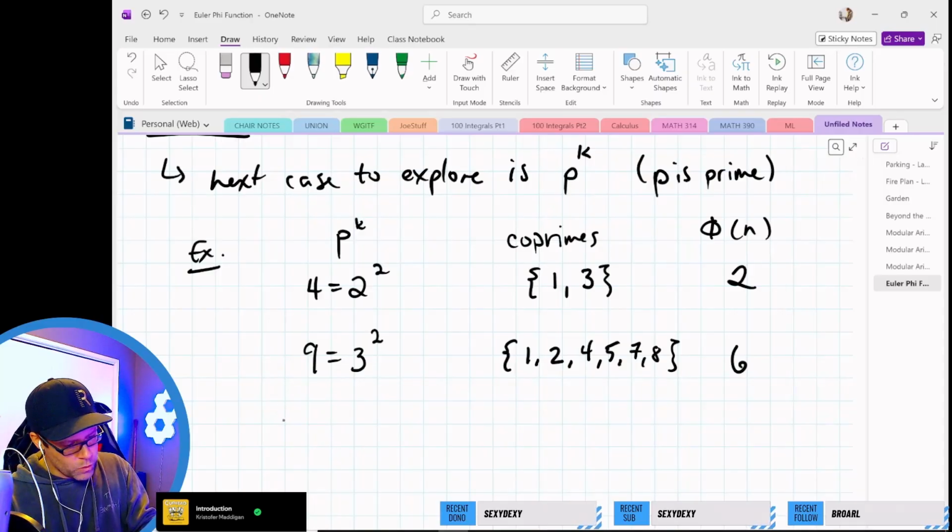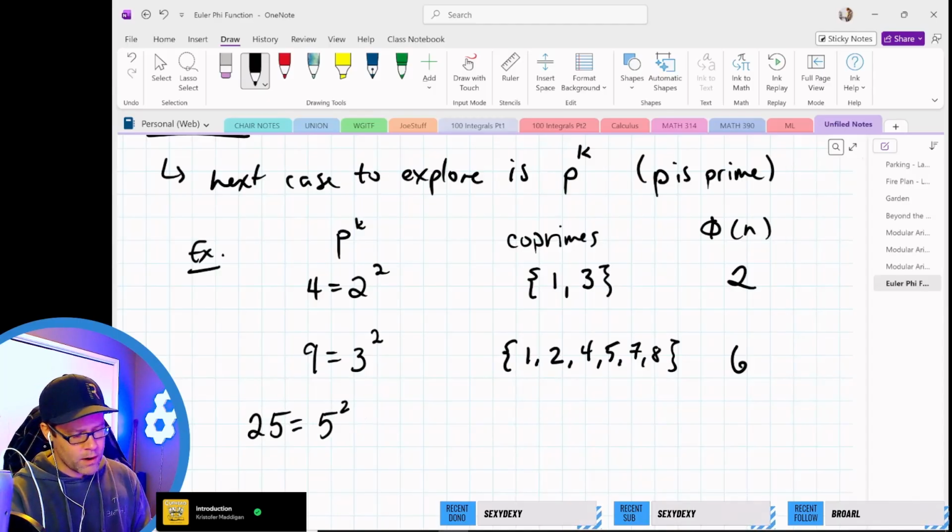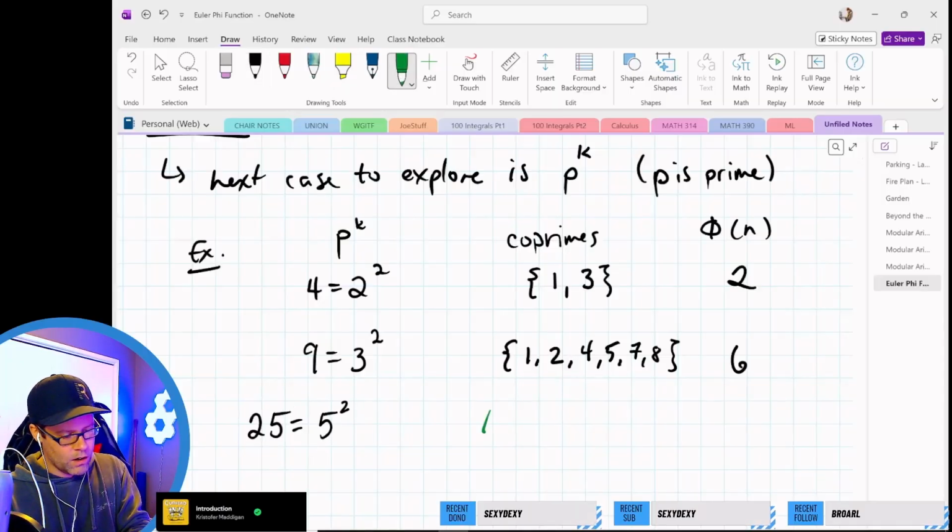Now, I'm going to do one more squared example, and then maybe we'll try to look at a larger example where we have something that's bigger than squared, so you can see the patterning that's happening here. Let's take 25, which is 5 squared. And all I'm going to do in green is just list out all of the values less than 25.